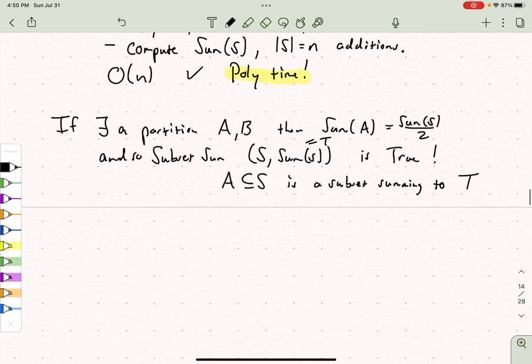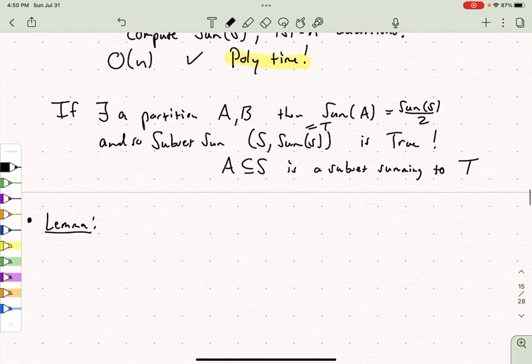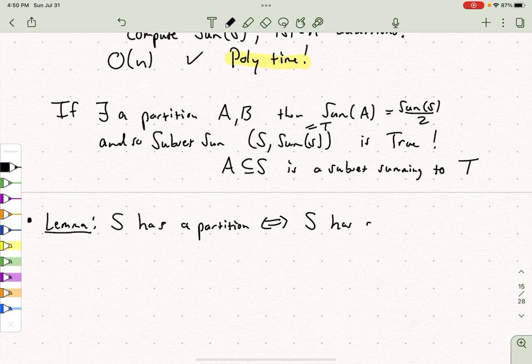So formally, we need a lemma. And this is going to be our proof of correctness, and it just says S has a partition if and only if S has a subset summing to T, where T is the sum of S over 2.